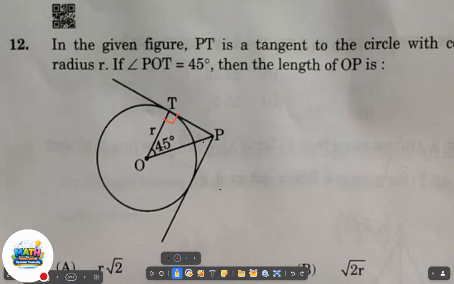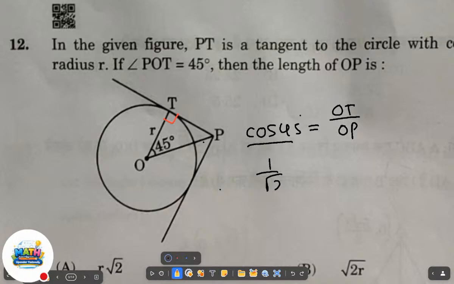What is the relation between adjacent side and hypotenuse? Cos, right? What is the cos? Cos 45 is adjacent side OT by hypotenuse OP, right? So here cos 45 is 1 by root 2, we know it.